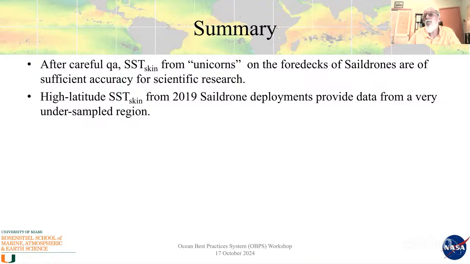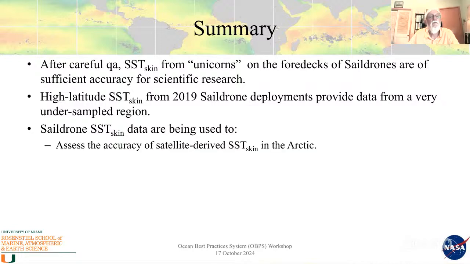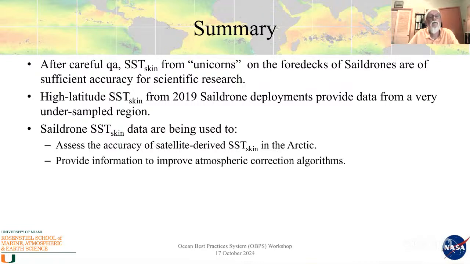And yet we have very little data in the Arctic for that. And the sail drone skin SSTs that we have derived are being used to assess the accuracy of satellite-derived skin SSTs in the Arctic, and provide information on atmospheric correction algorithms to do that in the Arctic.